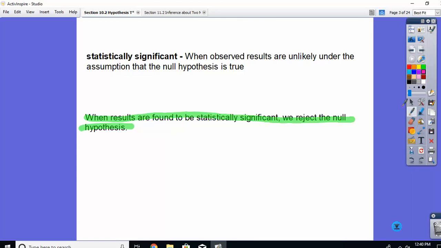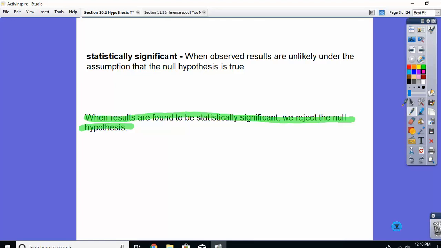Now, what it means to be statistically significant is going to vary from situation to situation, because in some cases, it's more serious to make an error than others. If I were trying to decide how much my statistics students study each week, do I have to be extremely accurate there? Not really. So even if I did a 10% level, that's not a big deal.